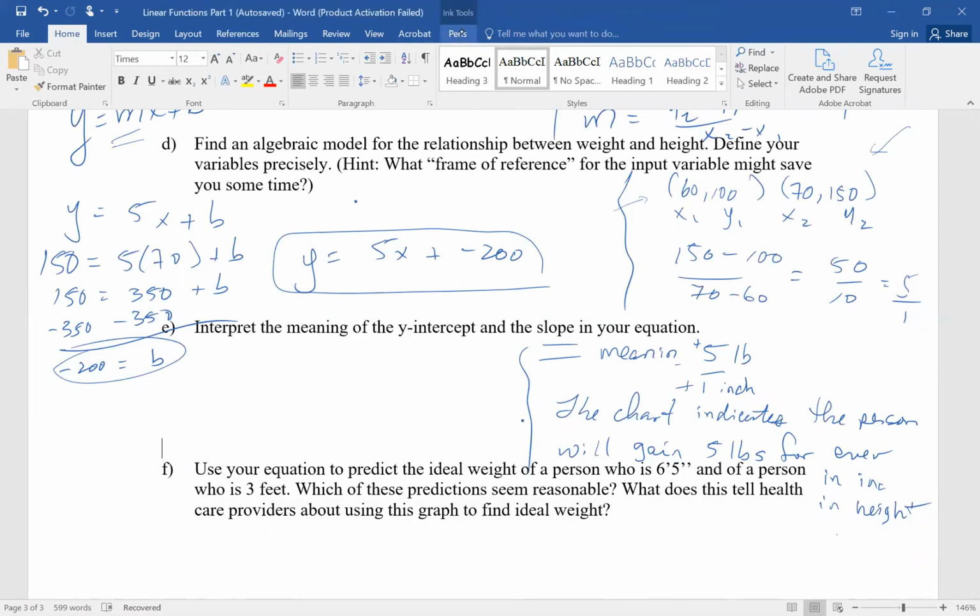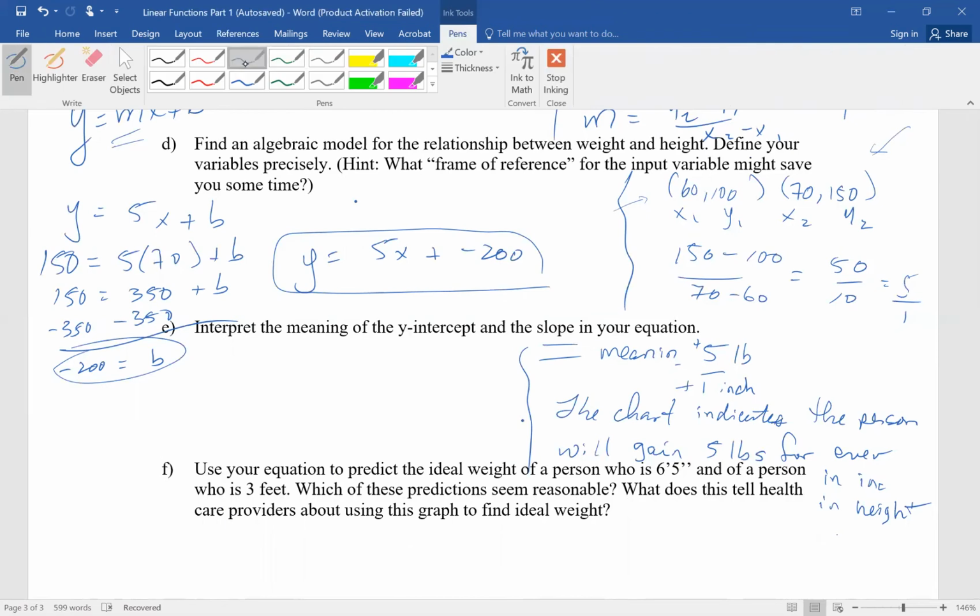So here it is again. So let's try plugging in another point, see if we get the same value. If we would have chosen 100 here equals 5 times 60 plus b. Notice what happens. This is 100 equals 300 plus b, minus 300 from both sides.